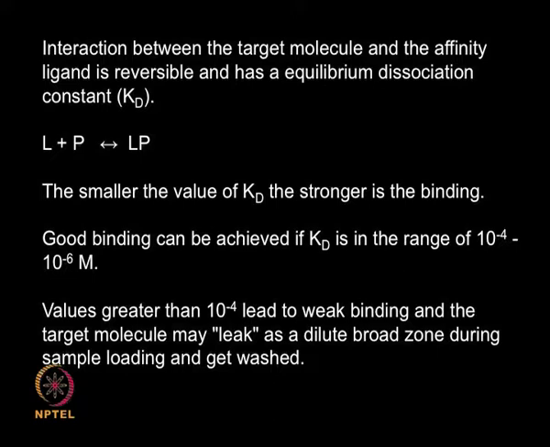If Kd is very small, then the binding is very strong. So if the Kd is very large, binding is very weak, okay. So smaller the Kd, stronger is the binding. So good binding if you want to achieve, generally Kd should be in the range of 10 power minus 4 to 10 power minus 6.